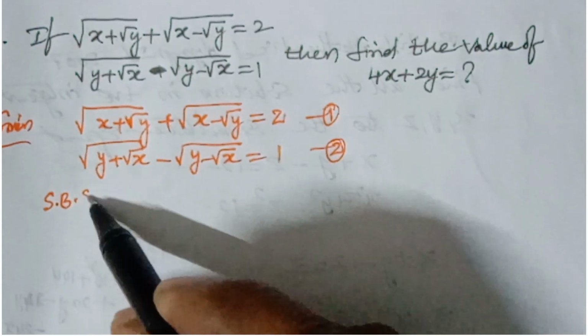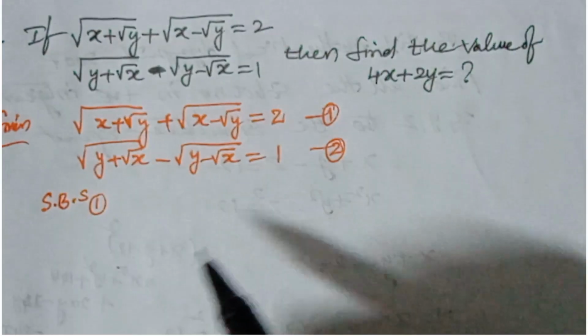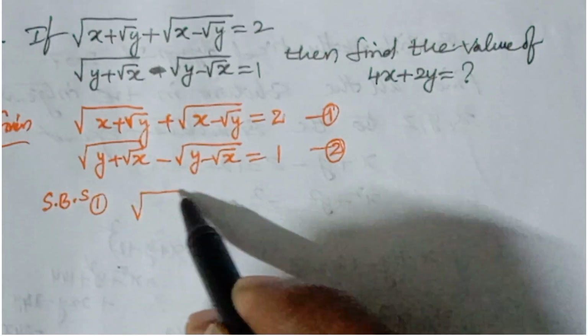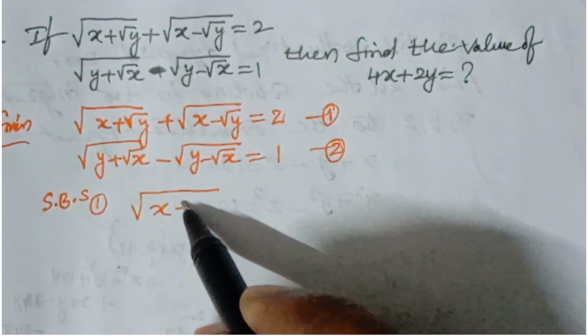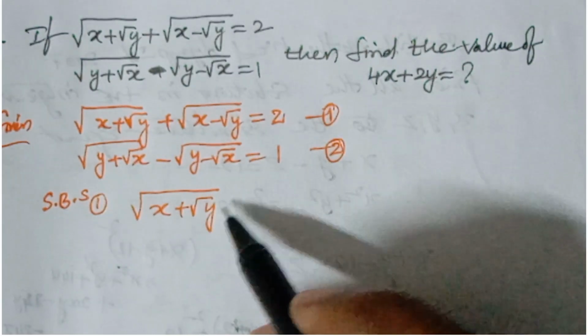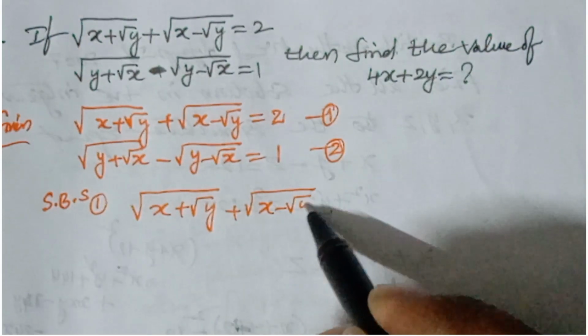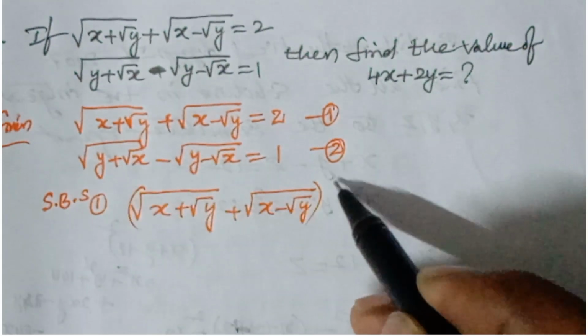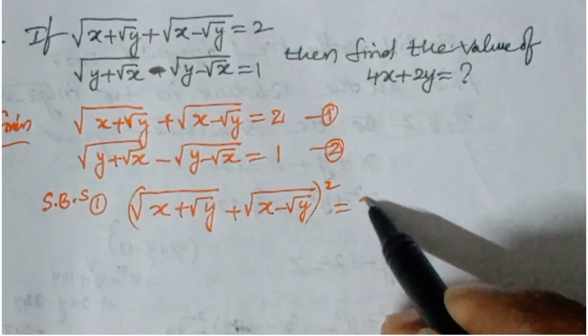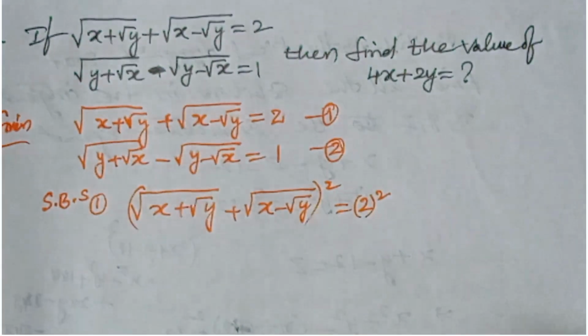Squaring the first equation: root of x plus root y plus root of x minus root y, whole square, is equal to 2 square.